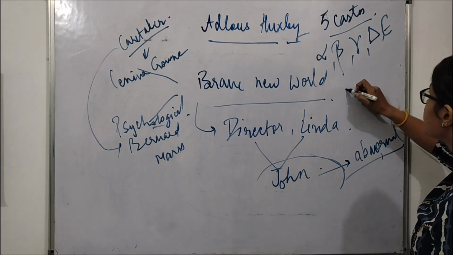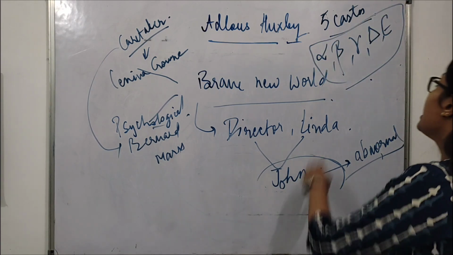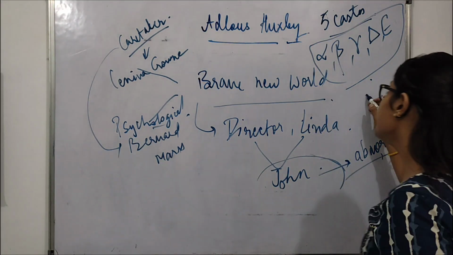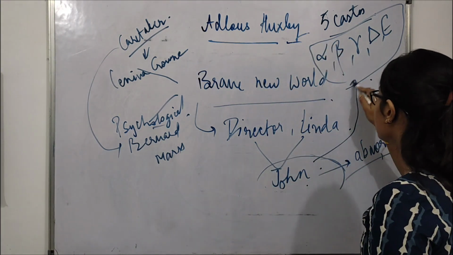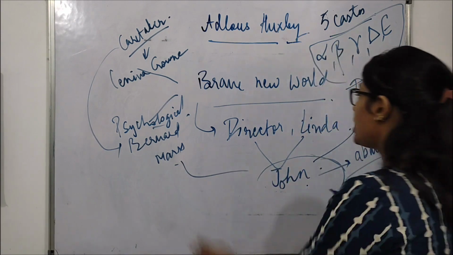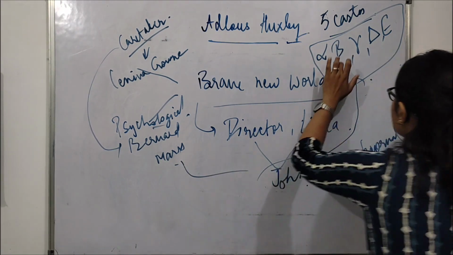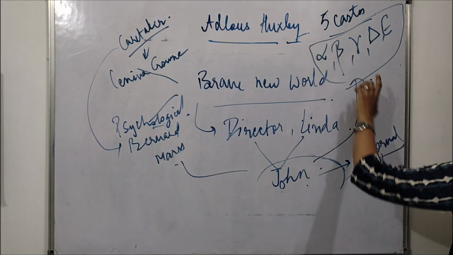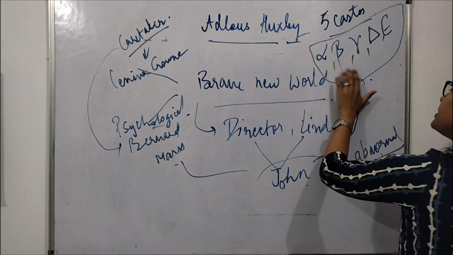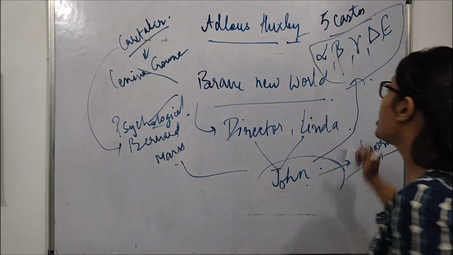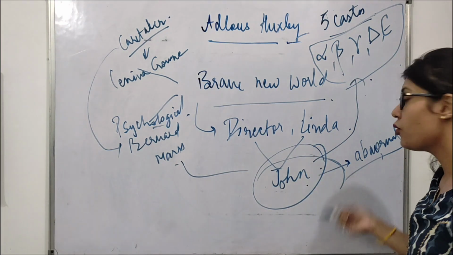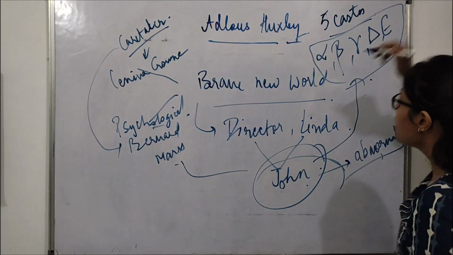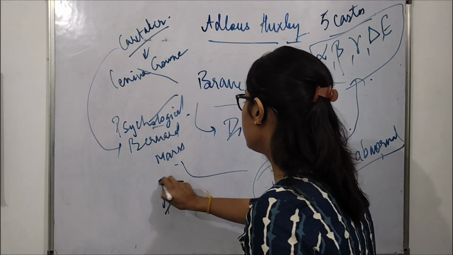These are the 5 new castes created in this world, where John is taken by Bernard Marx. Bernard Marx takes Linda and John to this new world. Now when John gets there, he feels at home and he starts this rebellion by Deltas.